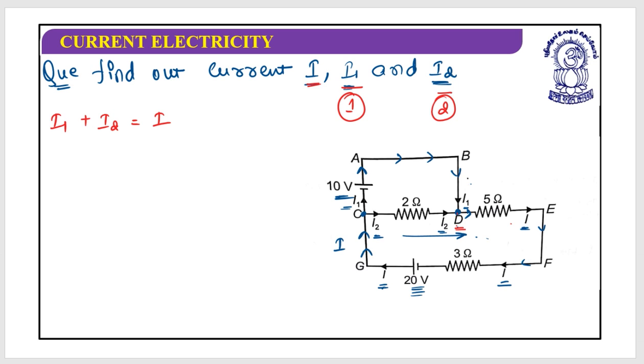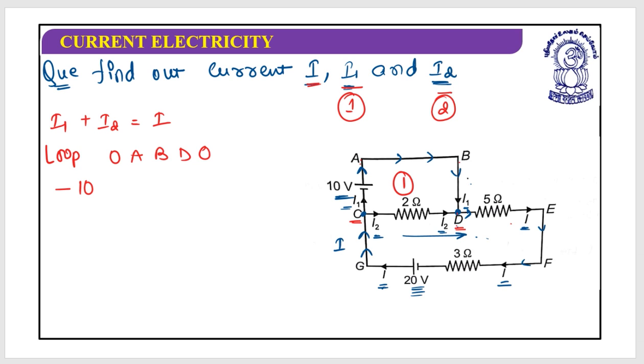Is it? So let's take this as the first loop and try to write down the relations. If I take a loop from O, A, B, D and again back to O, it's O, A, B, D, O. So let's write it down. From O to A, it's minus 10 because it is a battery's negative terminal.